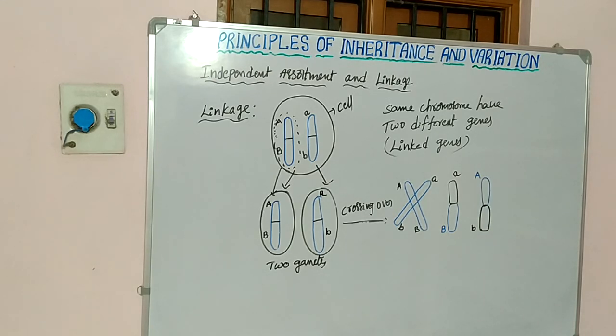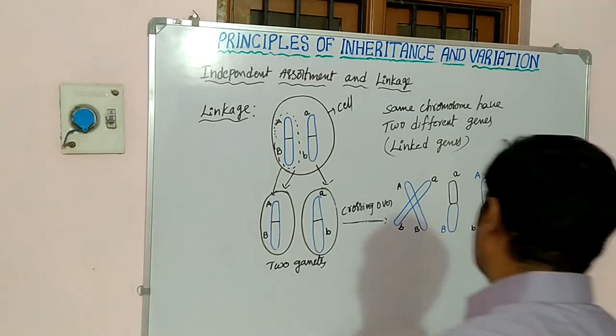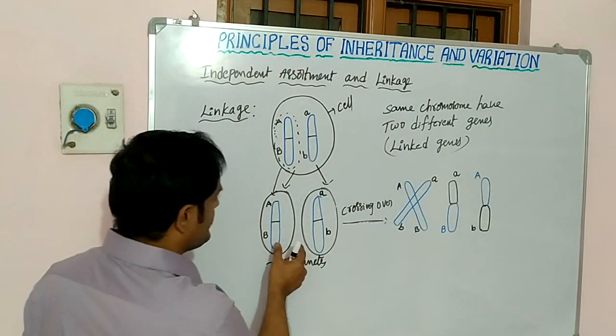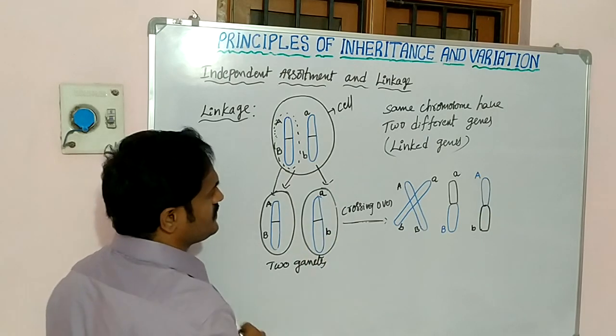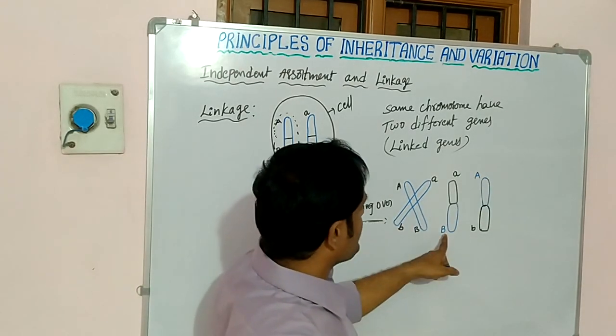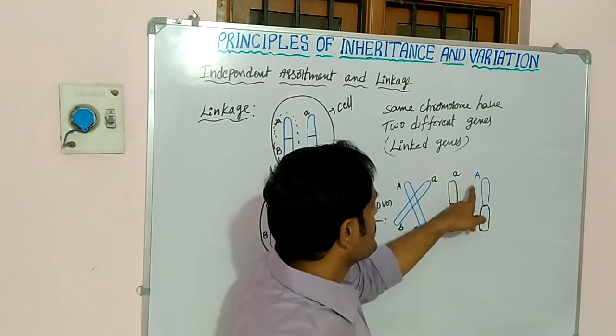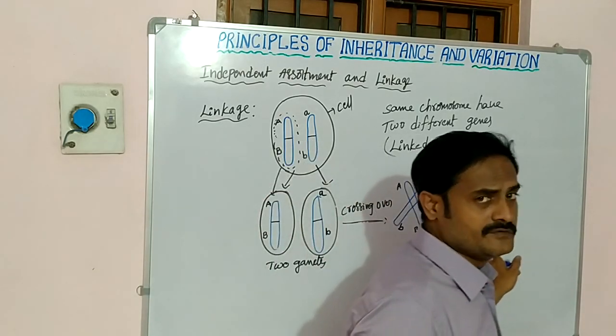Like this, here capital A, capital B is one gamete, capital A, small b is one gamete, and small a, capital B is one gamete, and small a, small b is one gamete.